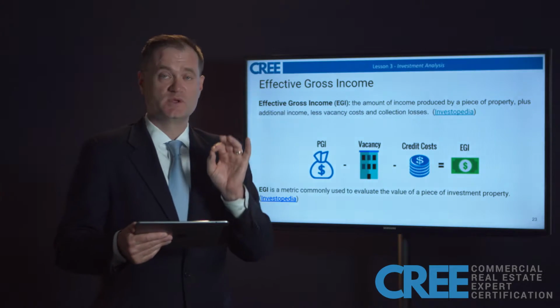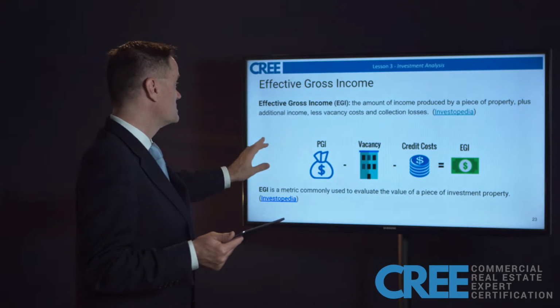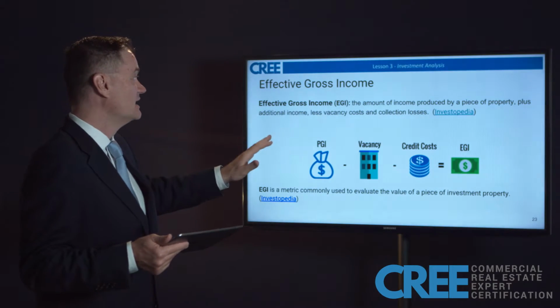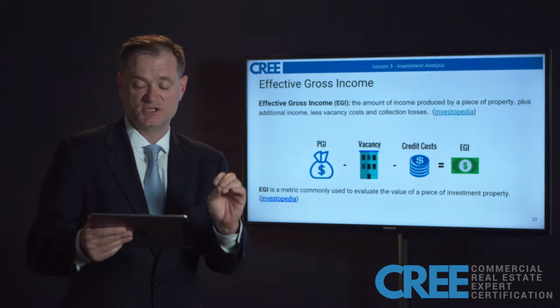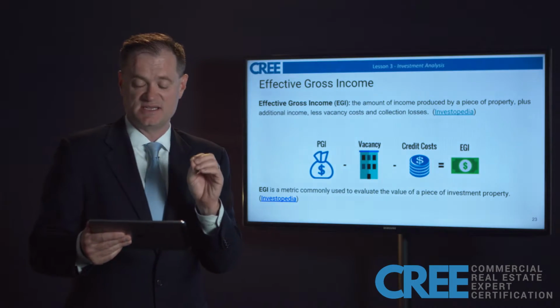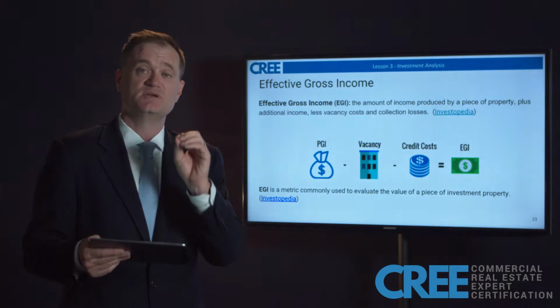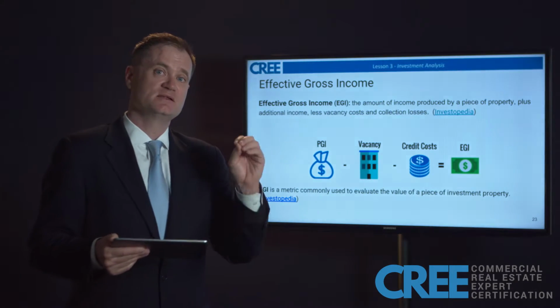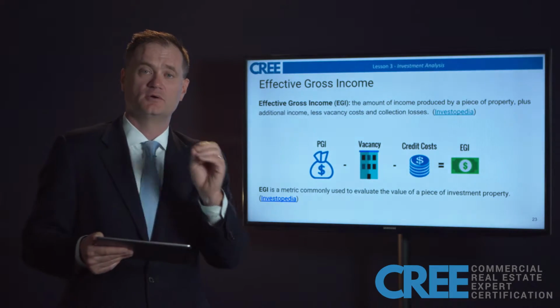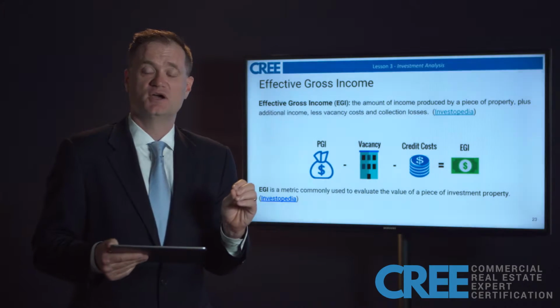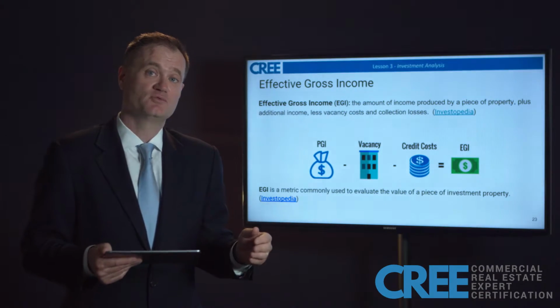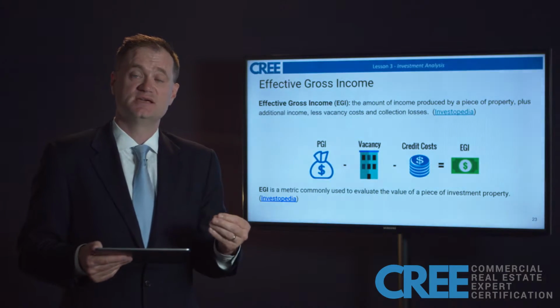But as we go through, effective gross income is really the income produced by a piece of property with any additional income less that vacancy and collection loss, so EGI. So back to the Knox Street template, if you've got it open or you remember it, we've got the potential gross income of all the units fully occupied. We deducted out 3% for vacancy and credit loss.